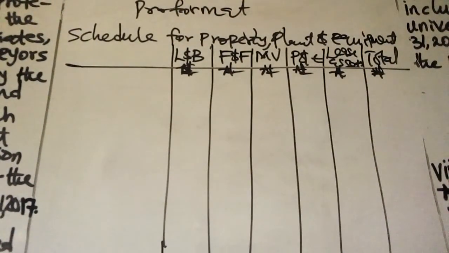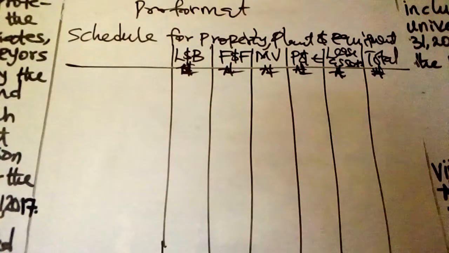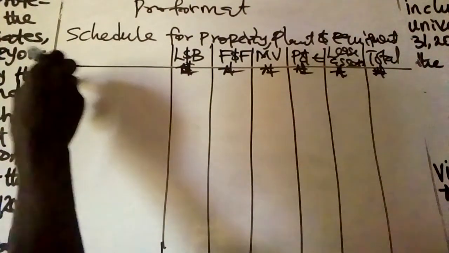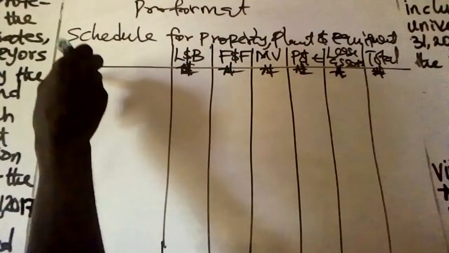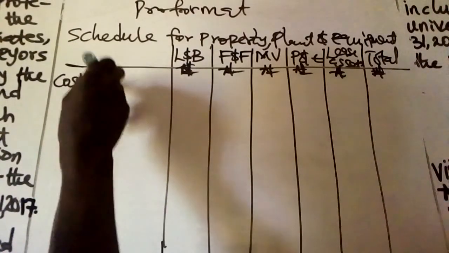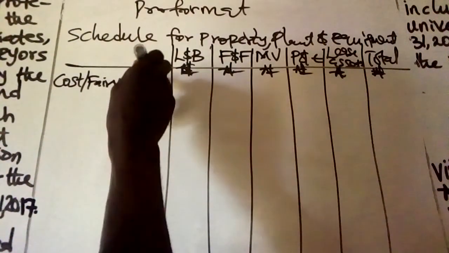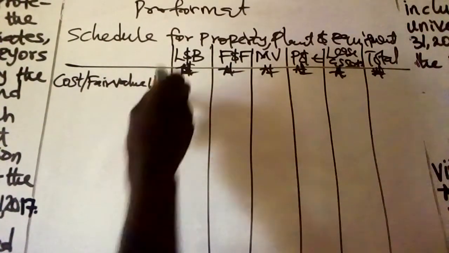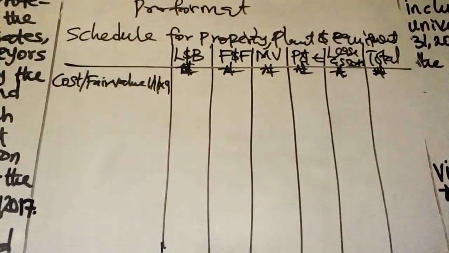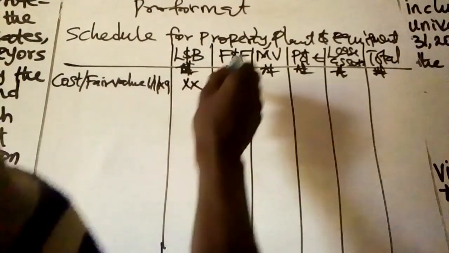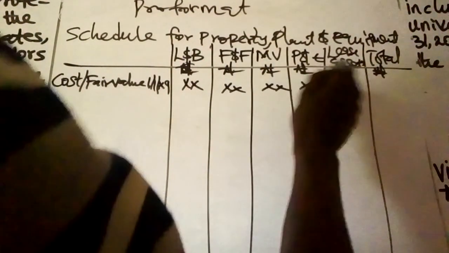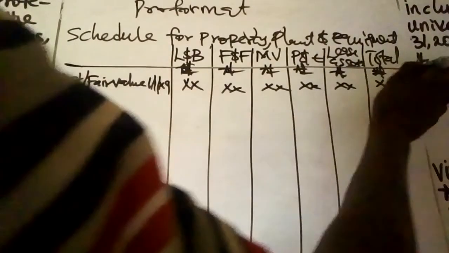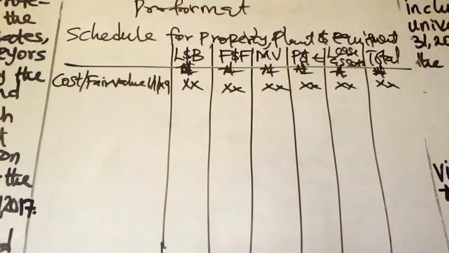It's not limited to that. So you start with the cost or valuation, balance at the beginning of the period. Cost, or let me say valuation or fair value, maybe 1st of January 20x9. The opening balance, for land and building, furniture and fittings, and the total of everything.